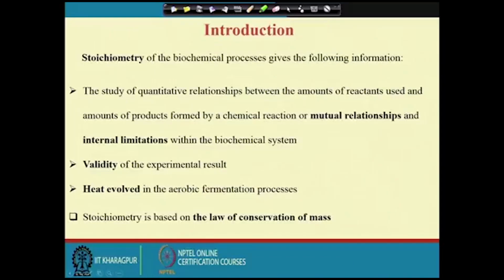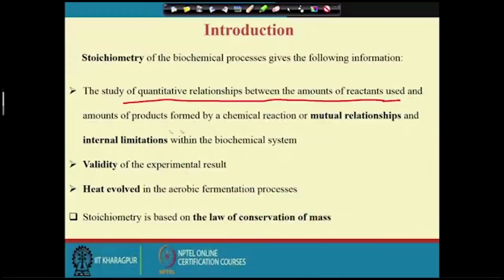The stoichiometry of the biochemical process gives the following information: the study of the quantitative relationship among the reactants used and the products formed in a chemical reaction, or the mutual relationship and internal limitation within the biochemical system.